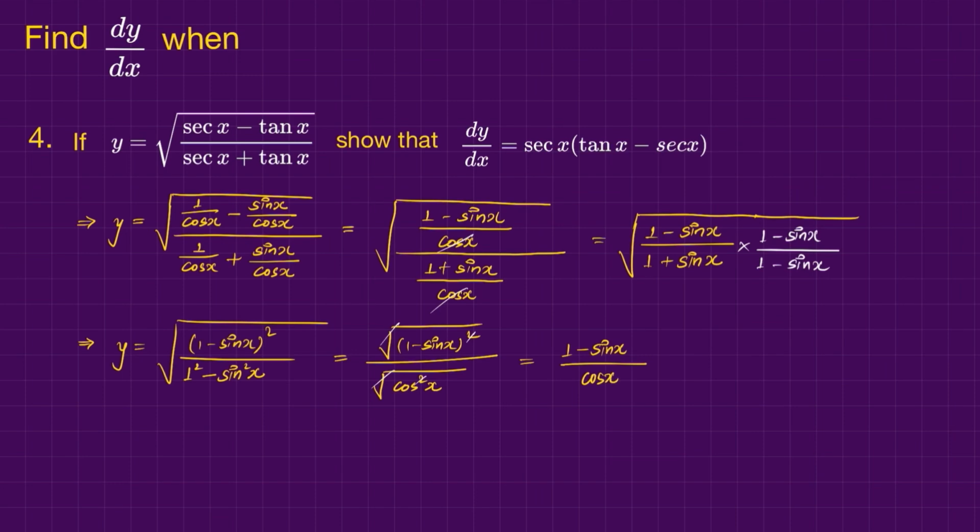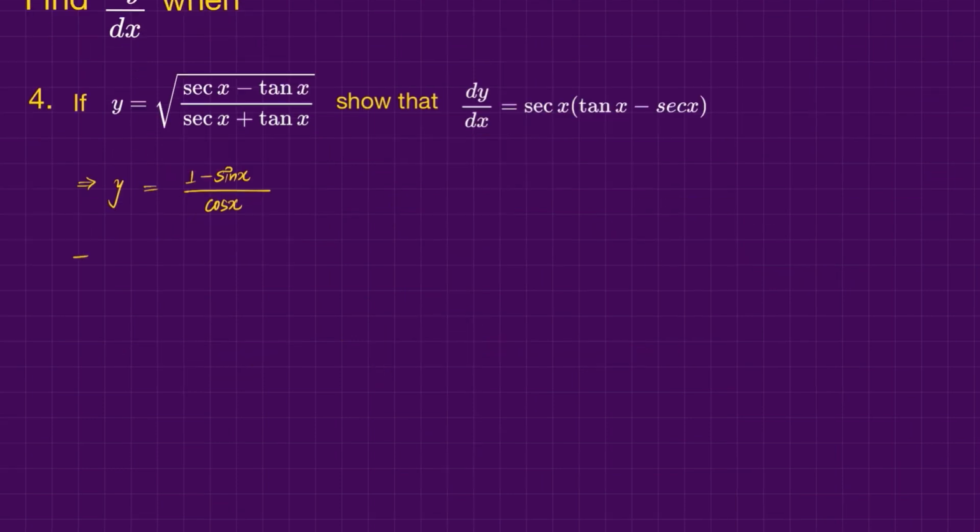Now my function seems simpler. Before differentiating we have made the function simpler, so let me write everything here. This y can be written as 1 by cos x minus sin x over cos x. This implies y equals sec x minus tan x, since 1 by cos x is sec x and sin x over cos x is tan x.